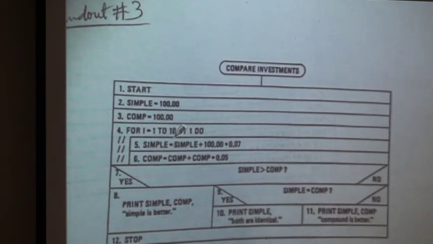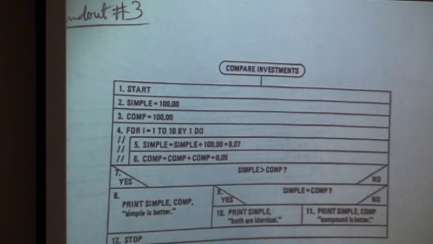Go through a for loop 10 times, and you have values for simple and comp. Then compare which is better. Suppose simple is greater than comp, you'll print simple is better. If both happen to be equal, you'll print either one and say both are identical. Otherwise, you'll print compound is better. Okay, so this is worth doing in Python also.